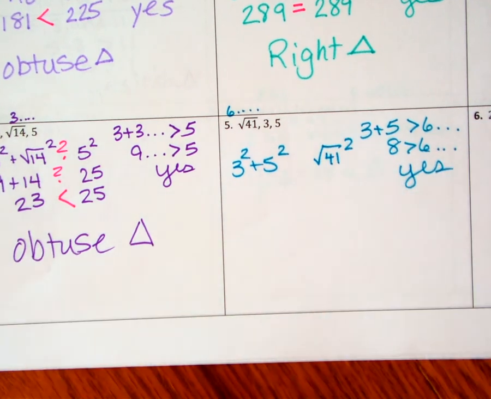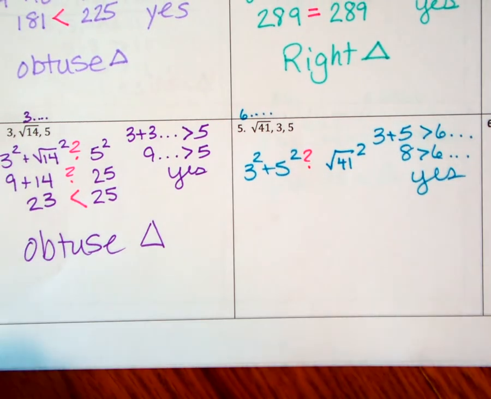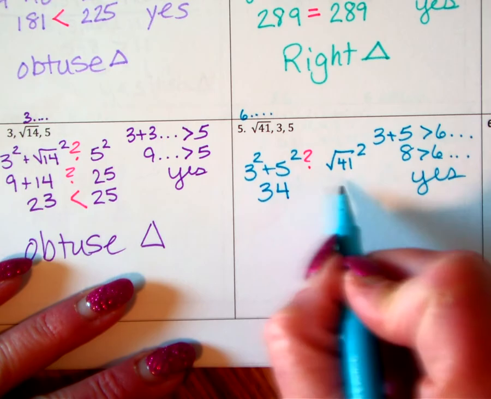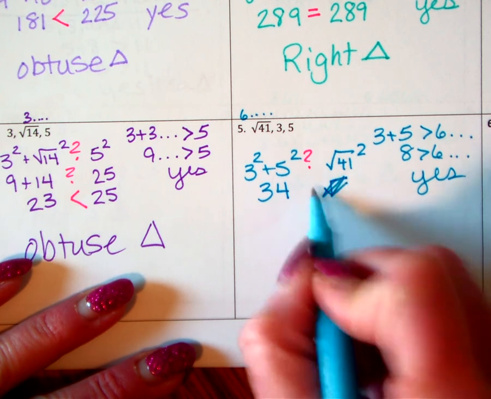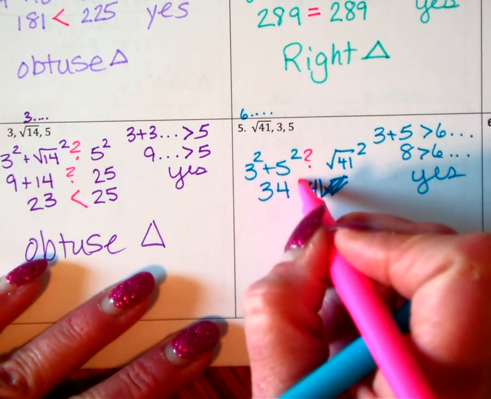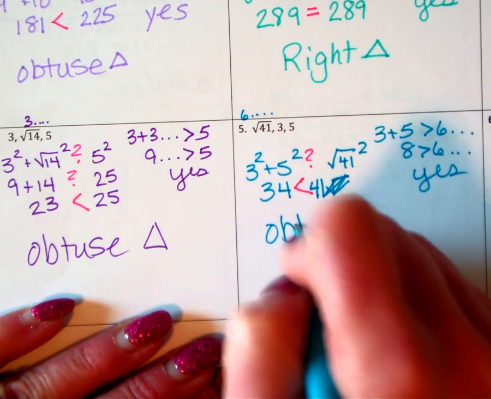This is where you go back, keep the square root, okay? So we're trying to figure out, is it greater than, less than, or equal to? 9 plus 25 is 34. And oops, not square root anymore after I square it, right? It's just 41. And it is less than. So again, I have an obtuse triangle.